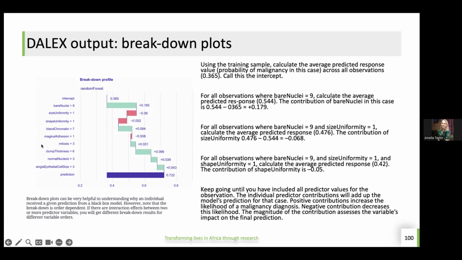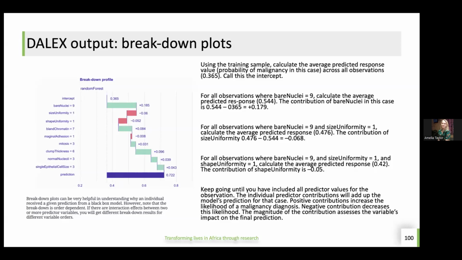So there are some explanations there. On the slides, you can see at the top where you have the intercept. The intercept is the predictive response value across all observations. So what's the probability that something is malignant across all the cases?